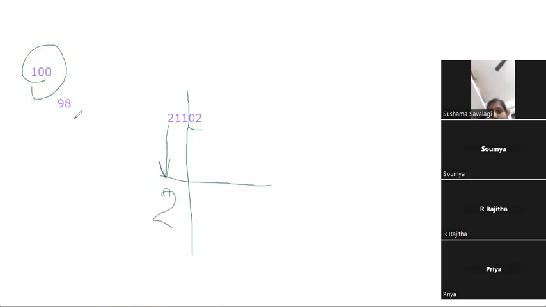Now our base is 100, so 98 plus 2 makes 100. So we have to multiply 2 into 2. As we have already discussed earlier, this number should be a 2-digit number if you have 2 zeros. So our answer comes 04, which we have to write here.